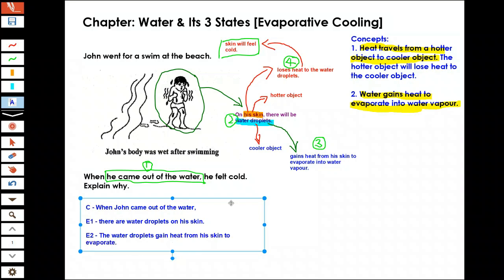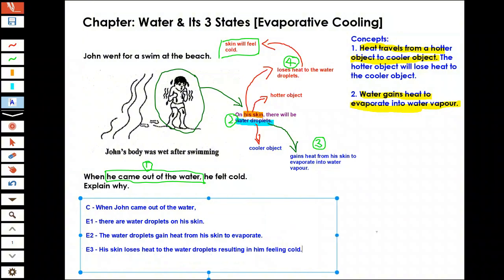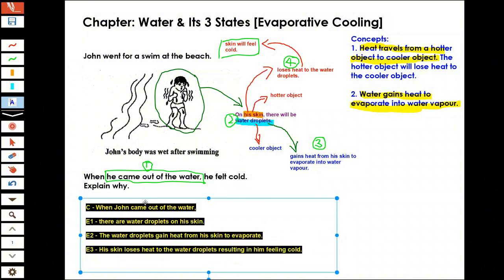And when effect number 2 happens, it will result in a final effect, which is his skin loses heat to the water droplets. And when his skin loses heat to the water droplets, resulting in him feeling cold. So that is your 4-part explanation to earn your 2 marks.